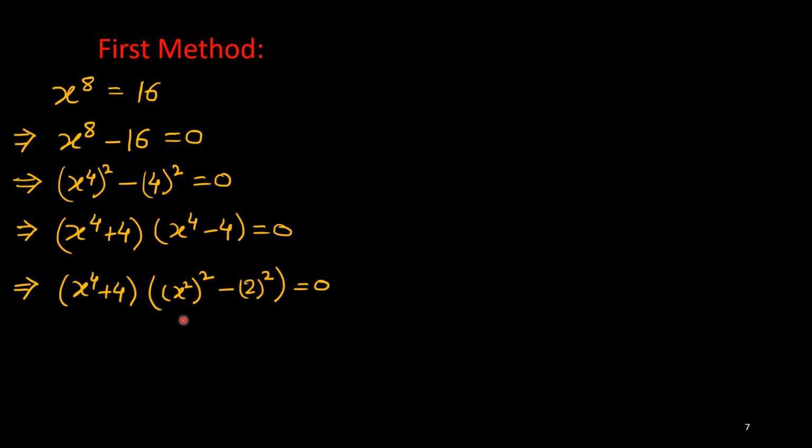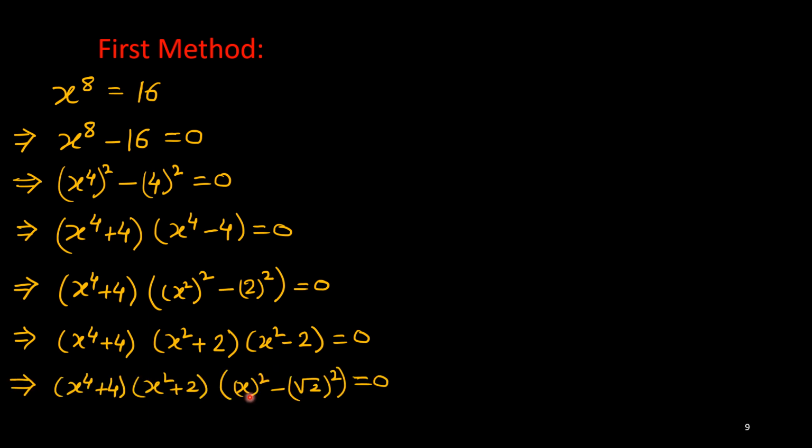For this one, we can write x squared, that whole squared, minus the square of 2. Again, it is a squared minus b squared form. This gives x squared plus 2 and x squared minus 2. Now further, we can factor x squared minus 2 easily.